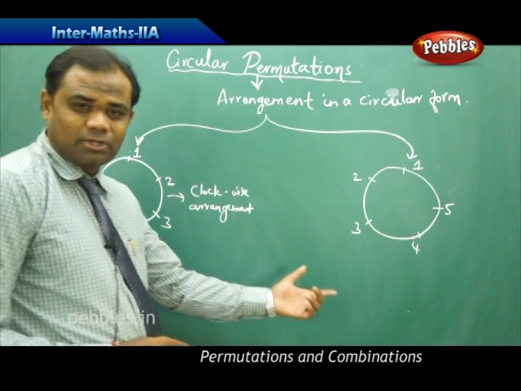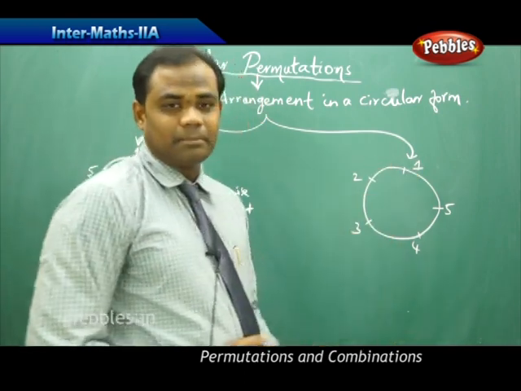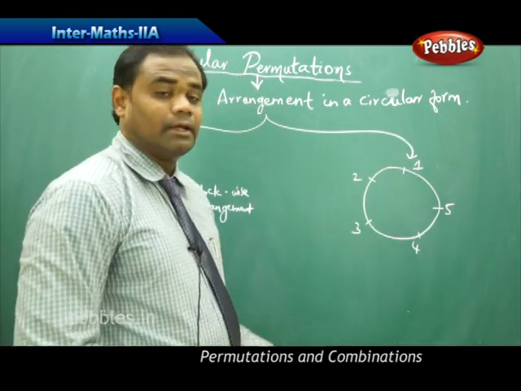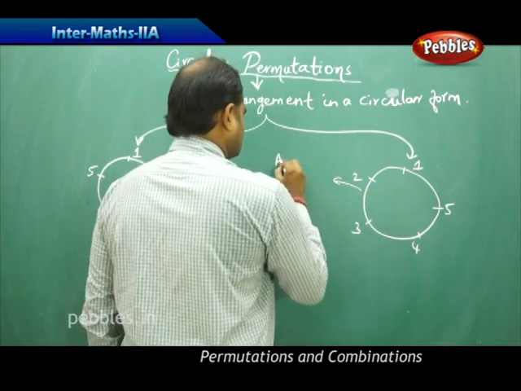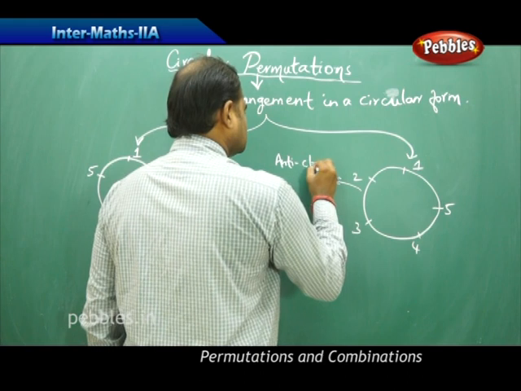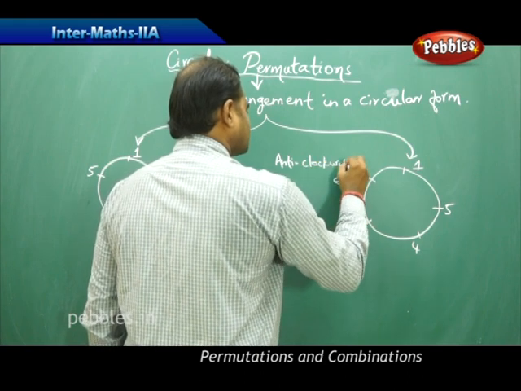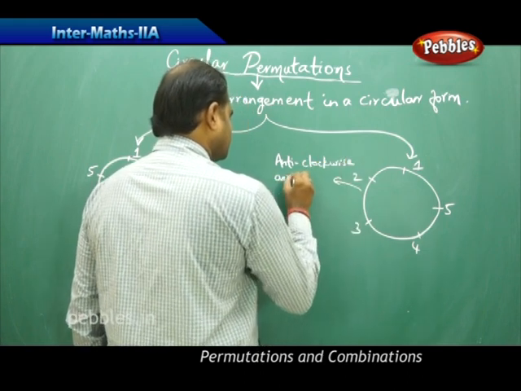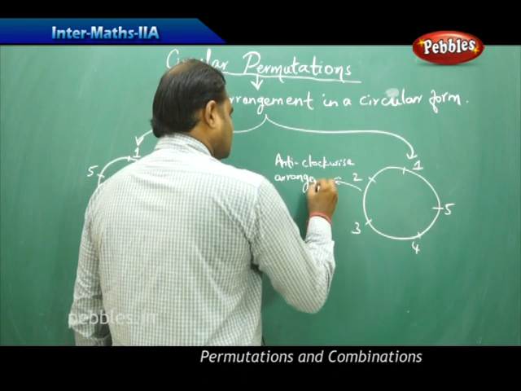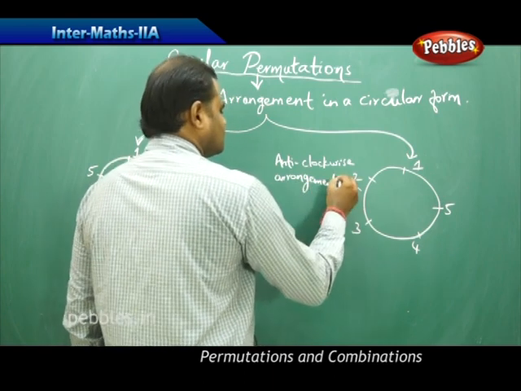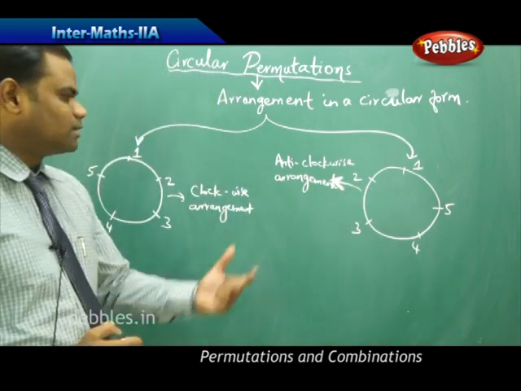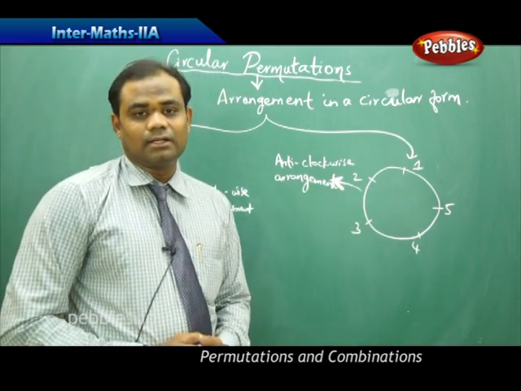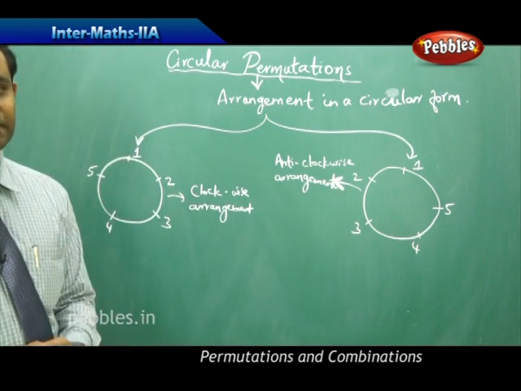And it is also possible that I can arrange the 5 persons across the round table in an anti-clockwise arrangement. So this is how the clockwise and anti-clockwise arrangements are done in case of circular permutations.